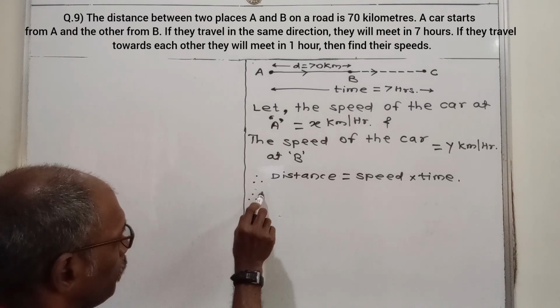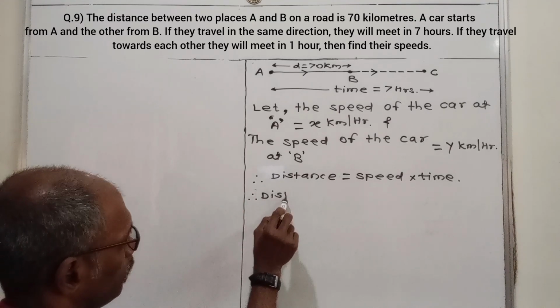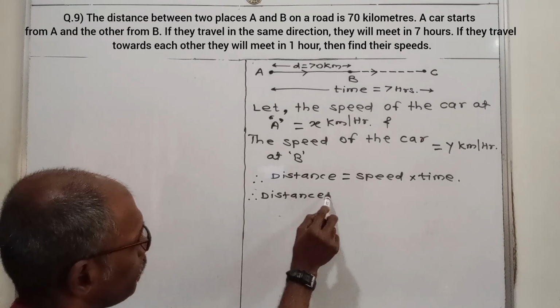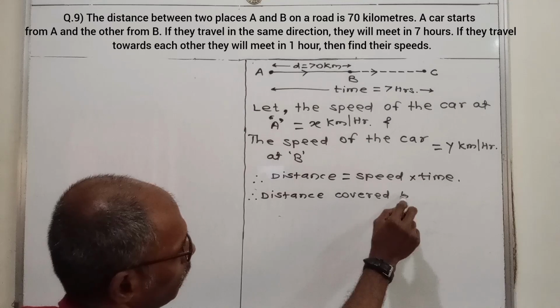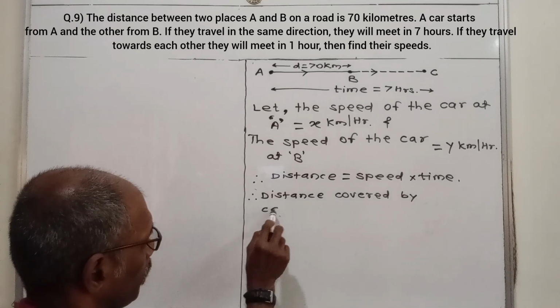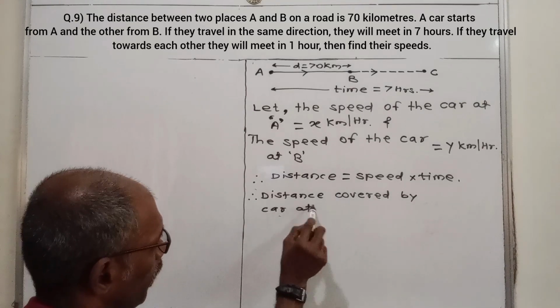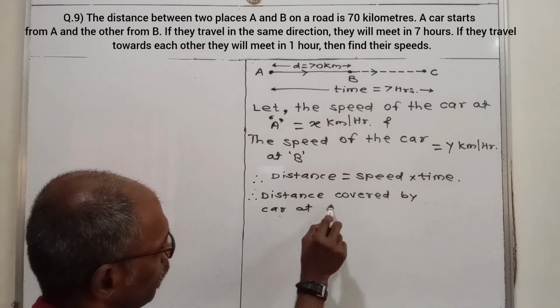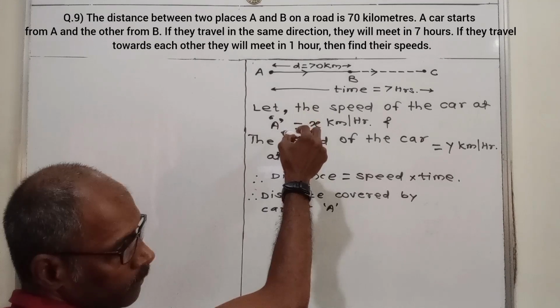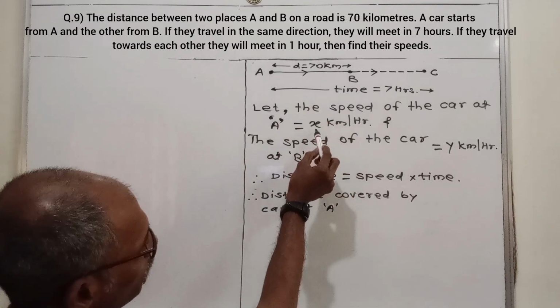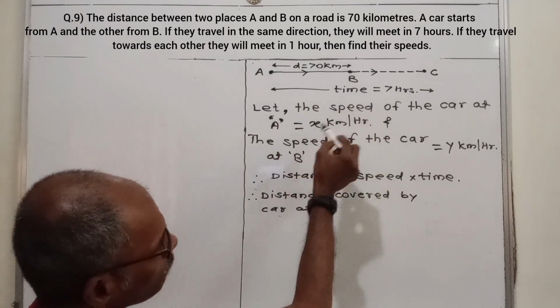Therefore, distance covered by car at A. What is the speed?